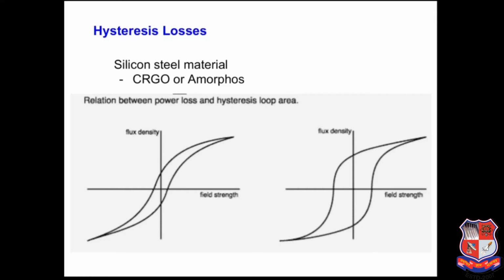Here in the figure, one is a narrow loop, another is a wider loop. A wider loop has higher hysteresis losses, a narrow loop has lower hysteresis losses. The core or lamination material is CRGO, meaning cold rolled grain oriented material, or amorphous material, which are generally used to minimize hysteresis losses.